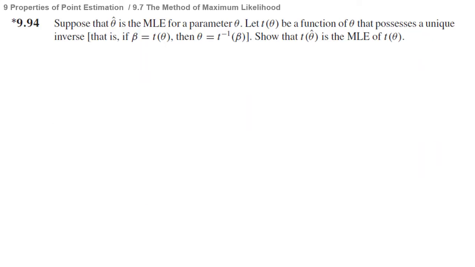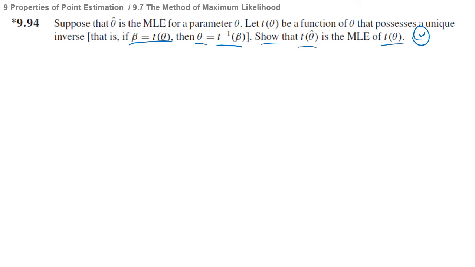Let's try to solve exercise question 9.94. Suppose that theta hat is the MLE for parameter theta. Let t theta be a function of theta that possesses a unique inverse. That is, if beta is t theta, then theta equals t inverse beta. Show that t theta hat is the MLE of t theta. It is a very useful technique.